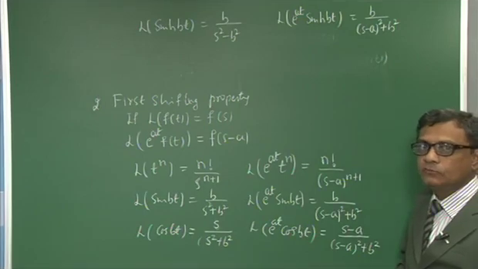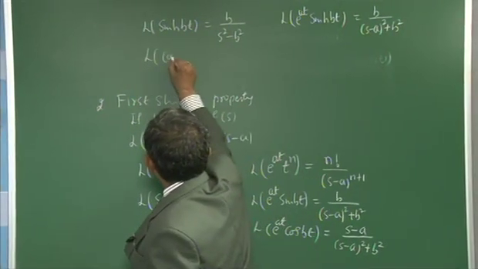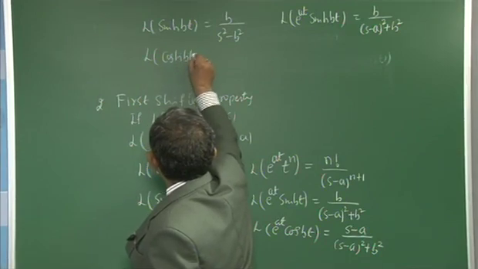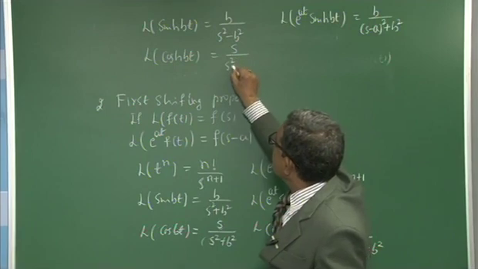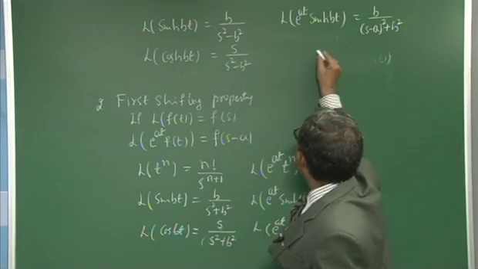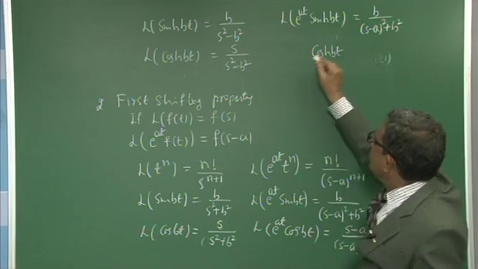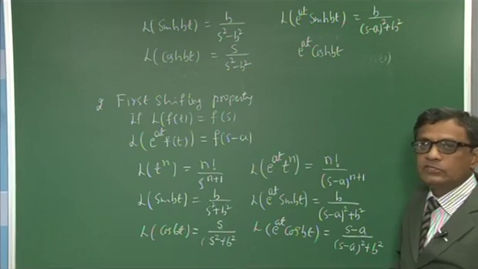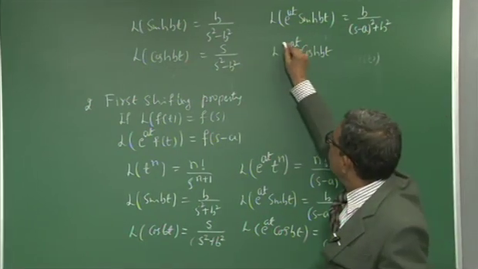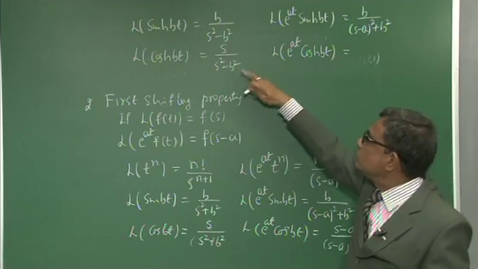Similarly, the last one, the hyperbolic function cosh bt, is s divided by s square minus b square. Now, if the function cosh bt is multiplied by the exponential function e raised to at and you take its Laplace transform, s changes to s minus a.